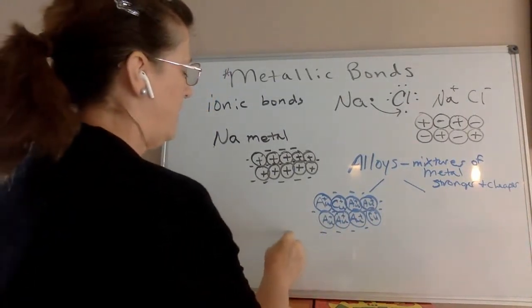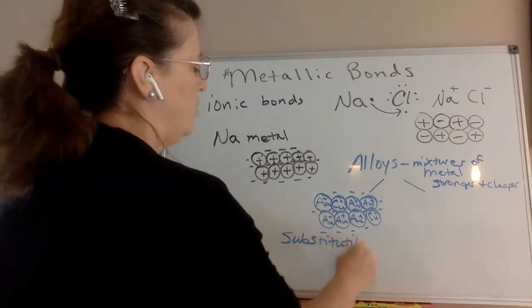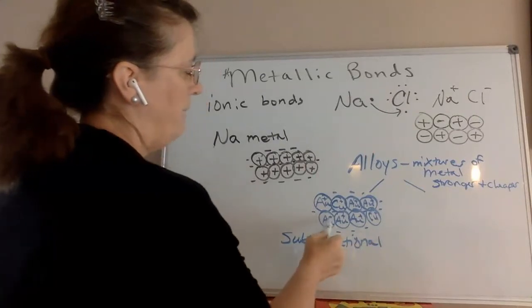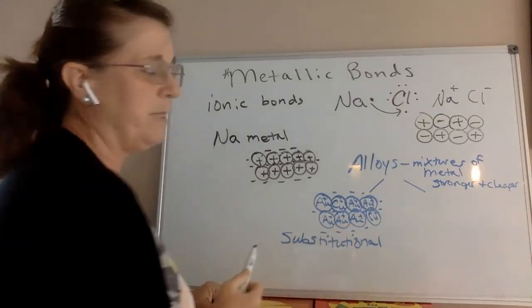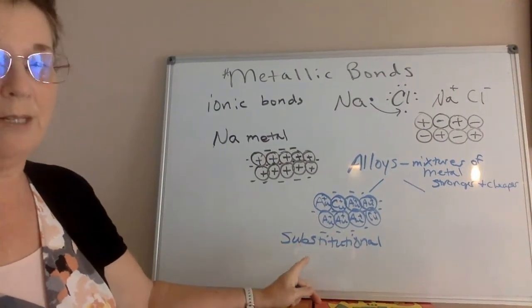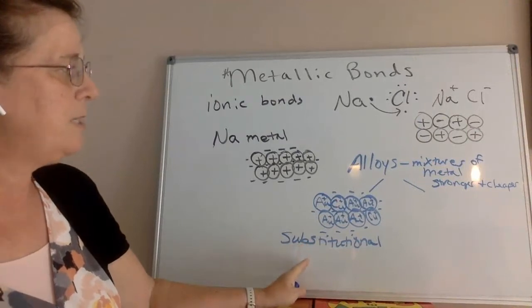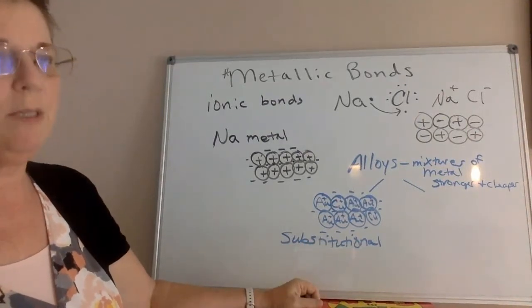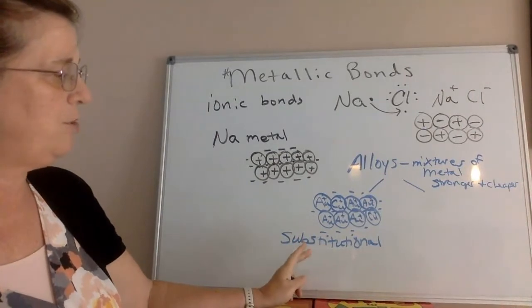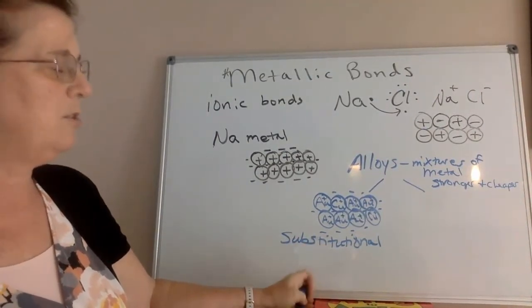So this is called a substitutional alloy because you're substituting a metal with the same size, another metal with the same size, in order to enhance the qualities of the alloy. So it's substitutional. There's a lot of examples of substitutional alloys, and you'd have to have two atoms that are about the same size in order to have substitutional alloys.